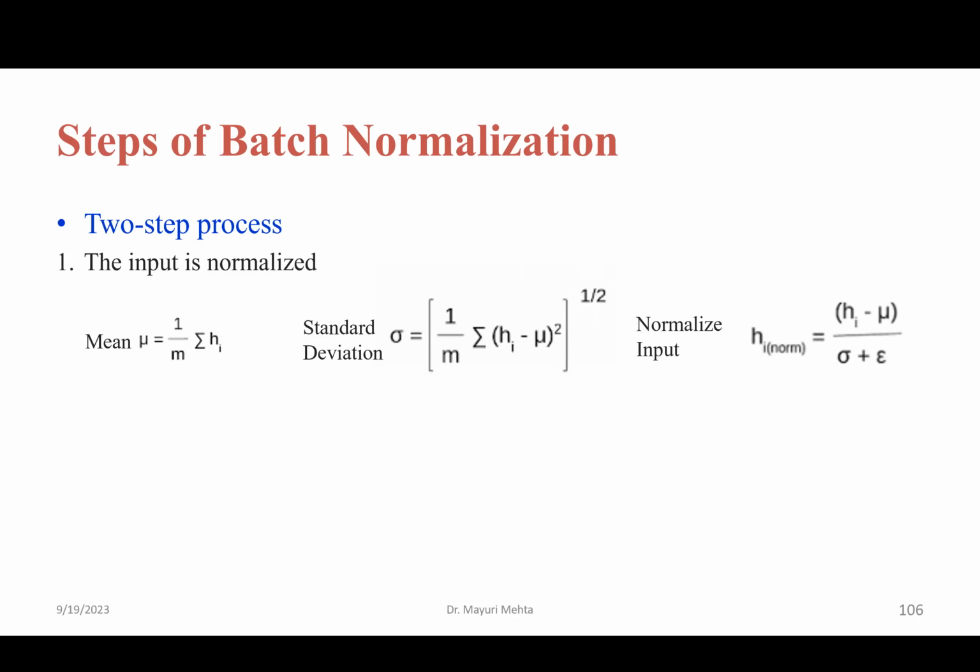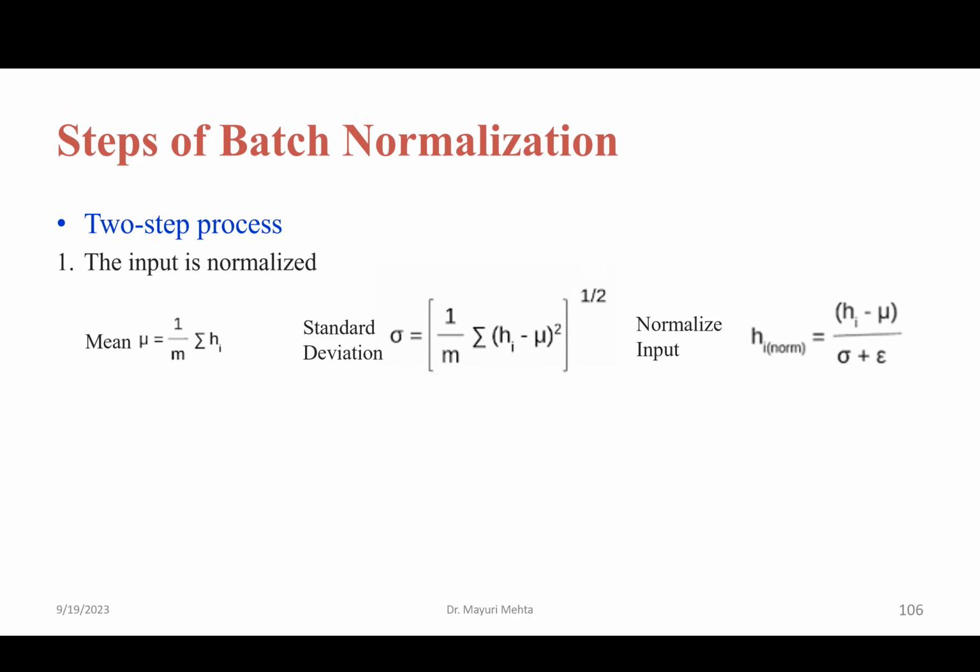After computing the standard deviation, as you can see further, we normalize the hidden activations using this mean and standard deviation. For this, as given in the third formula, we subtract the mean from each input and divide the whole value by the sum of the standard deviation and a smoothing term epsilon.